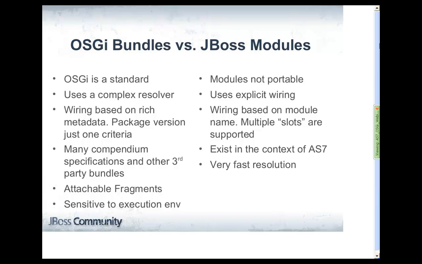It is possible because AS7 has been designed with modularity in mind right from the start. It has also been designed for concurrent services right from the start, because application servers will run on multi-core systems most of the time. So what you really want is to have stuff happening concurrently all the time, right? In JBoss, we have chosen not to use OSGi at the very bottom layer.